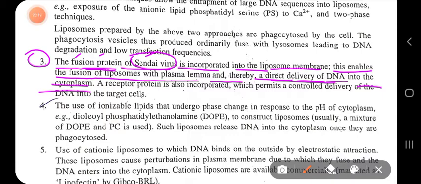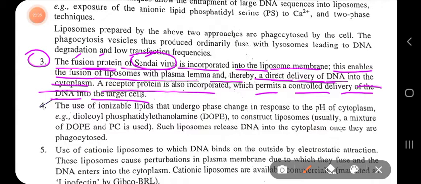Now for this a receptor protein is also incorporated within that liposome so that it will permit a controlled delivery of the DNA into the target cells. So if you want that DNA to be incorporated into the target cells, only in those cells will the DNA be delivered.